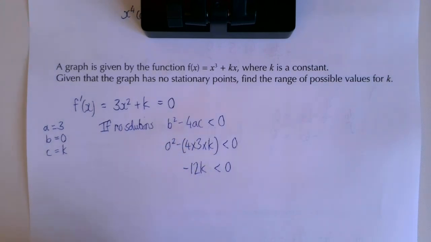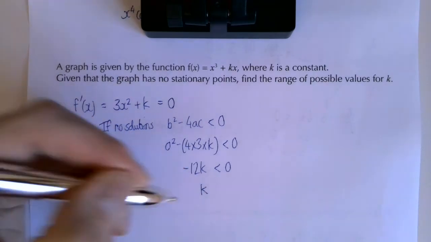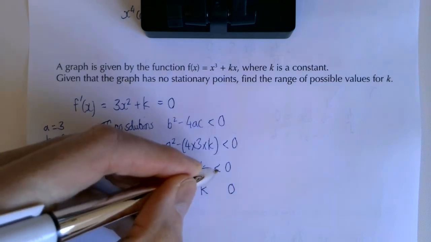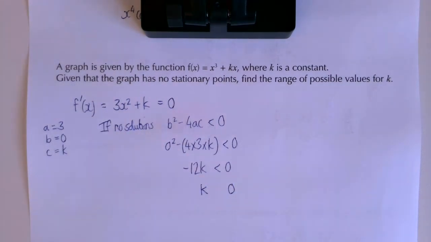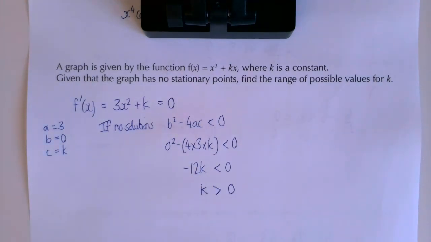Now I want to know about k, so to get k on its own, I've got to divide both sides by minus 12. Now that obviously just leaves me with 0 there, but do you remember what happens to the inequality sign when you divide or multiply by a negative number? Got to flip it around. So in order for this function to have no turning points, k's got to be positive. It's got to be bigger than 0.